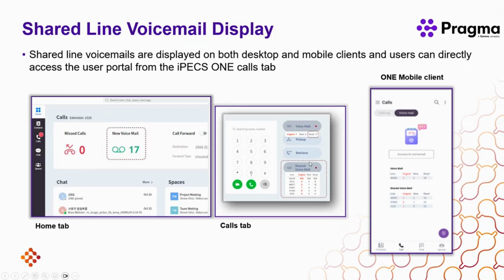Sorry, the screenshots are coming up a bit blurry on this, especially the one on the right, which is annoying. But you can see, especially on the desktop screenshot in the middle, within the calls tab, you've now got a shared voicemail option. You hover your mouse over that, you can see all the shared lines you're a part of, how many voicemails are in there, how many are urgent, how many new, how many read. Again, pretty self-explanatory.